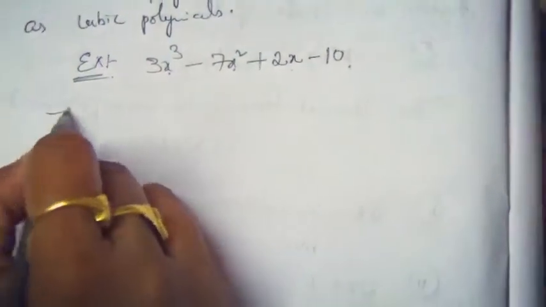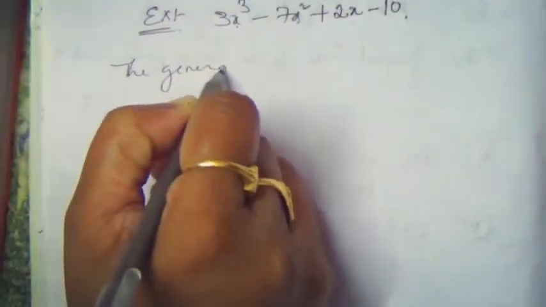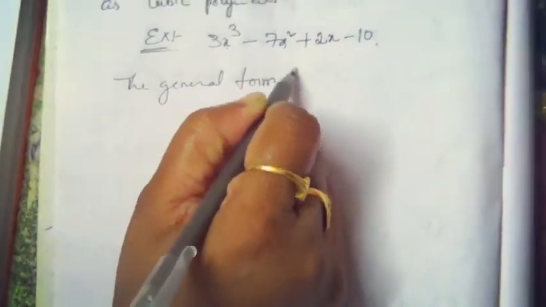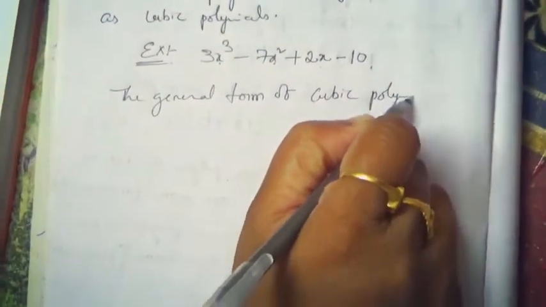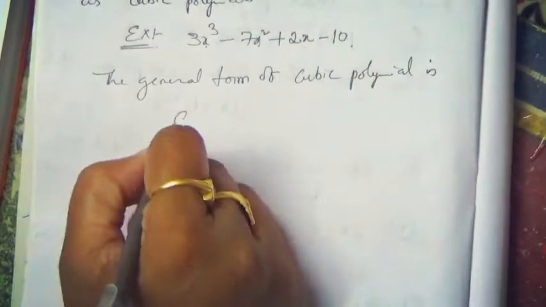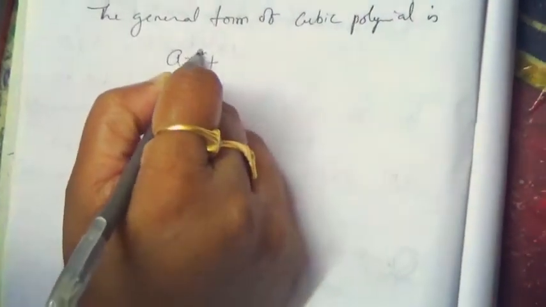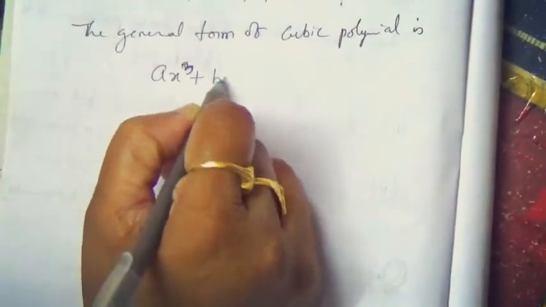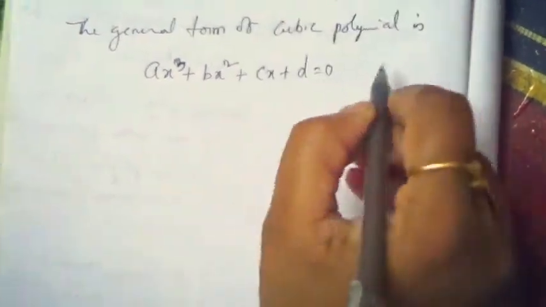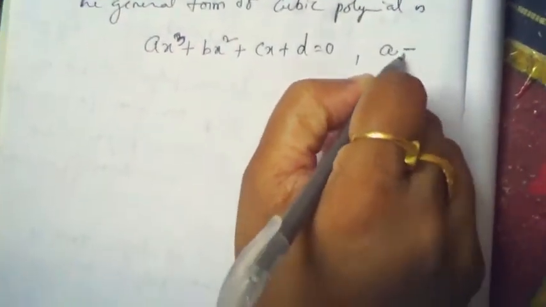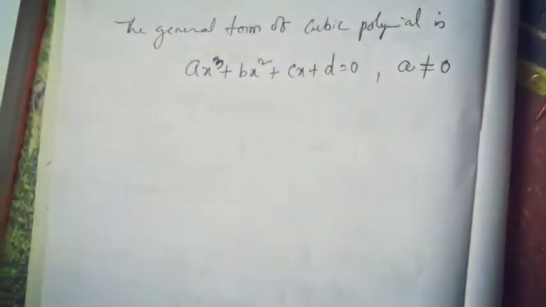Okay, the general form of a cubic polynomial is ax cube plus bx square plus cx plus d is equal to 0. But here also a should not be equal to 0.